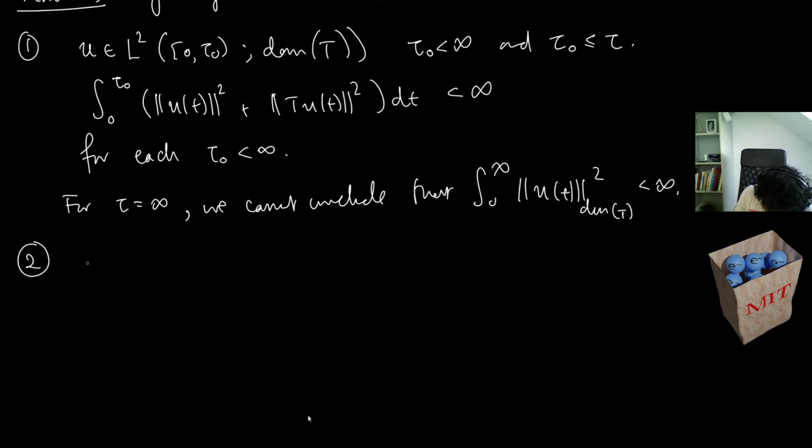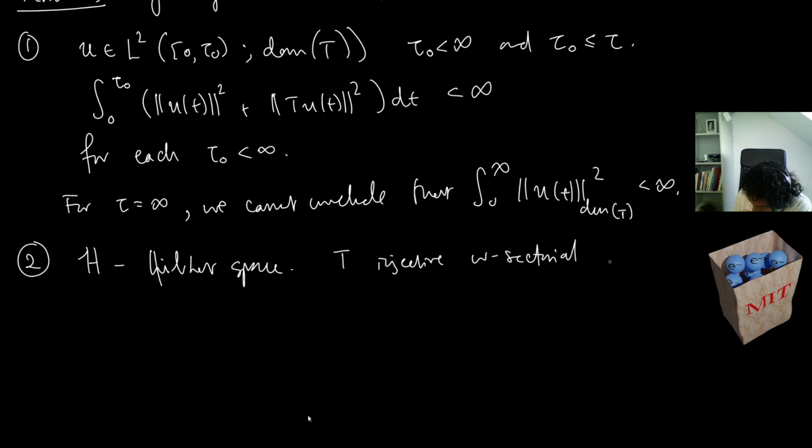However, when we have a Hilbert space, we just need to assume that T is injective and omega-sectorial for omega less than pi on 2.